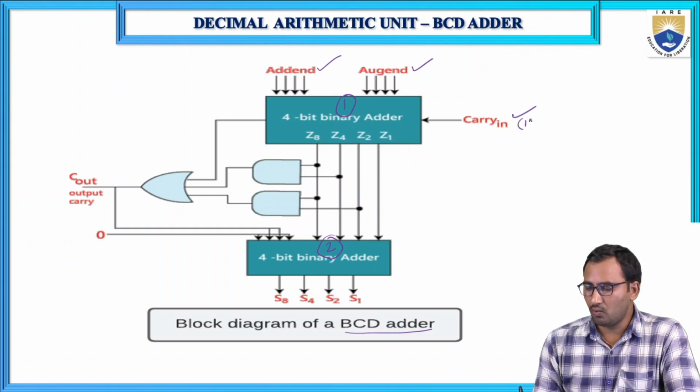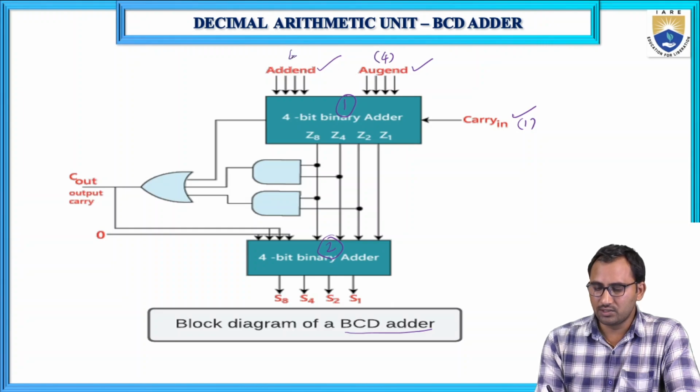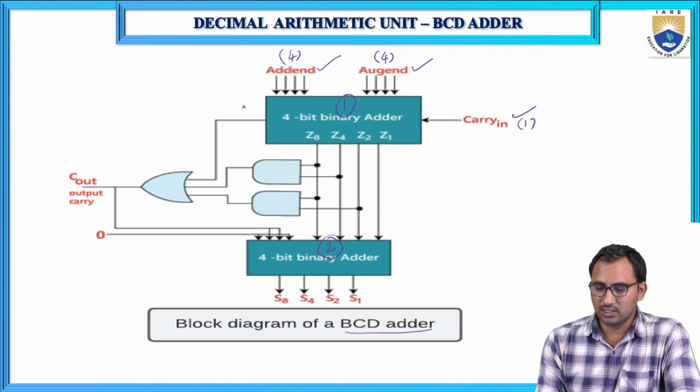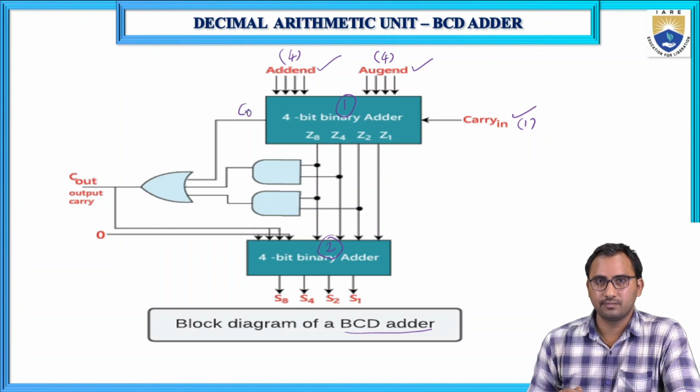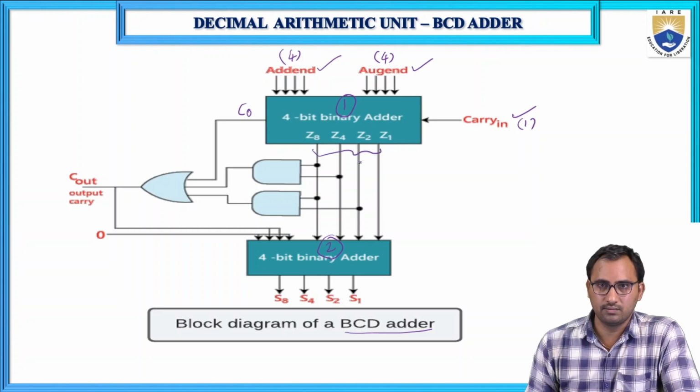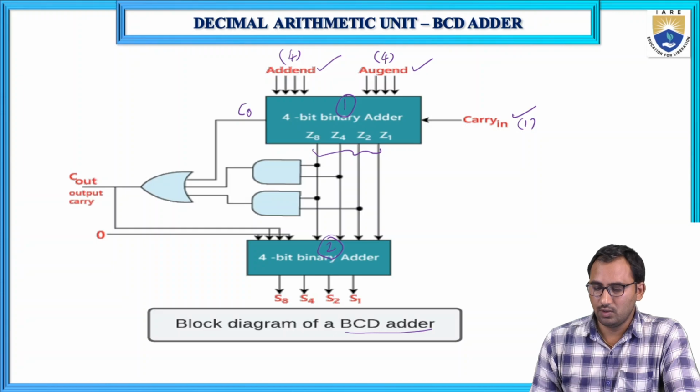The input carry is 1 bit, the augend bits are 4, and the addend bits are 4. So total 9 inputs. This is C out, the output carry. Next, 4 outputs: Z1, Z2, Z4, Z8, the sum outputs. So total 5 outputs. See here.